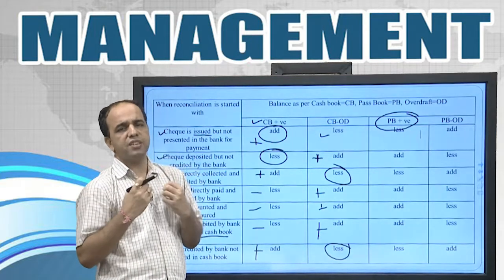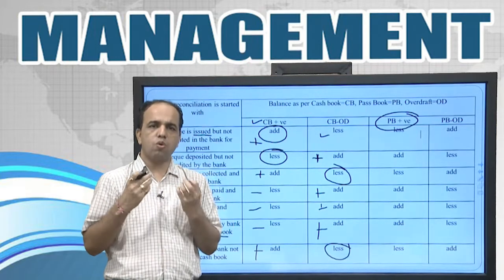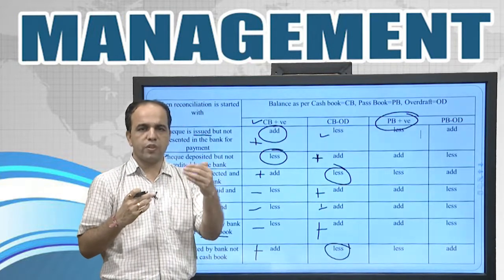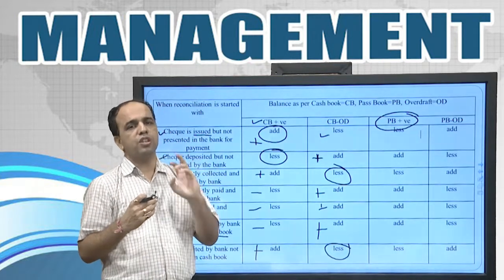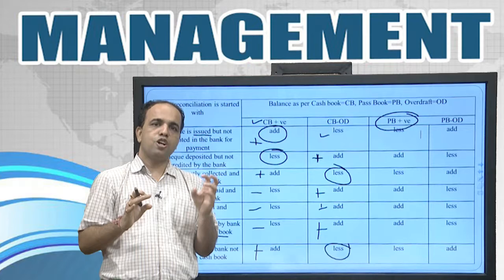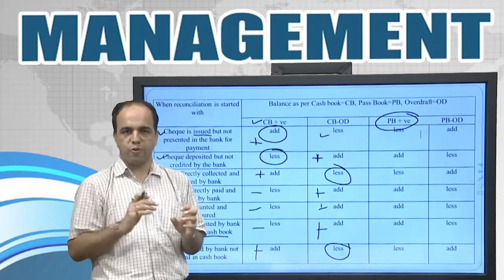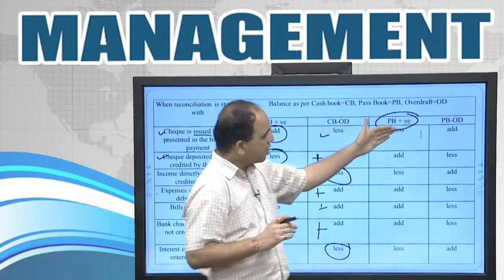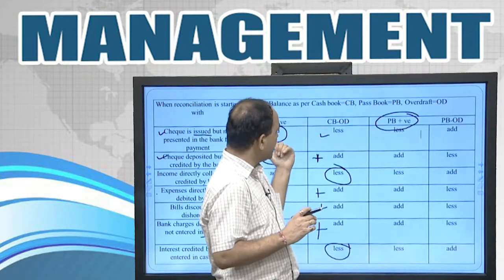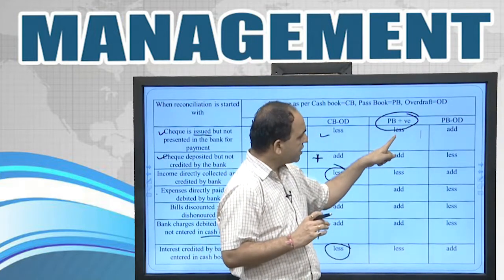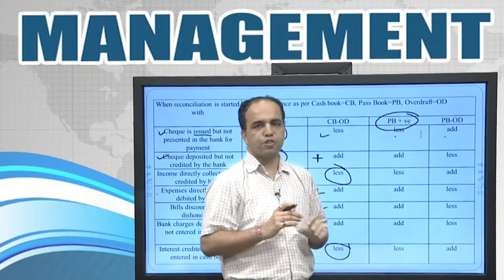Generally in business, the cash book is our own subsidiary book, so we know all the transactions we have recorded in it. So it is a general tradition to start with the cash book balance, either a bank balance or bank overdraft. So these are the effects. Generally it should be the mirror effect, what I told you: if it is less here, as per passbook, it should be added.